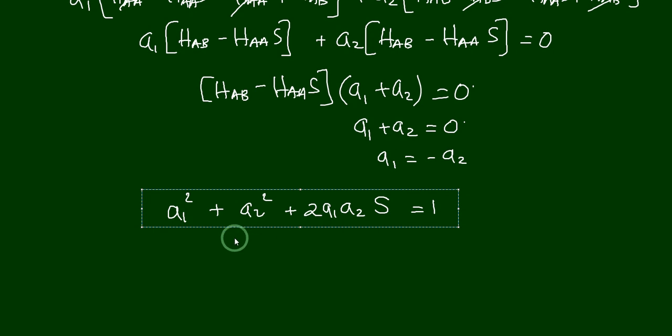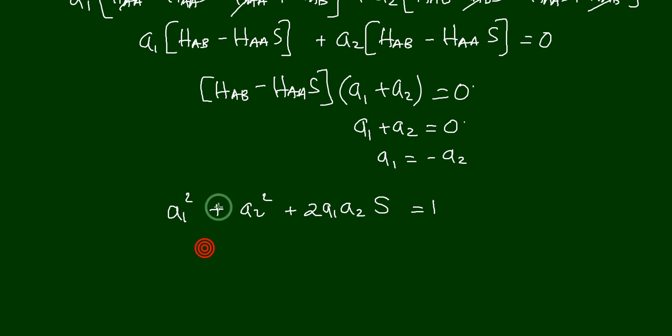So A1 square plus A2 square we can write as A1 square plus A1 square, plus A1 into, in place of A2, we have to substitute minus A1.